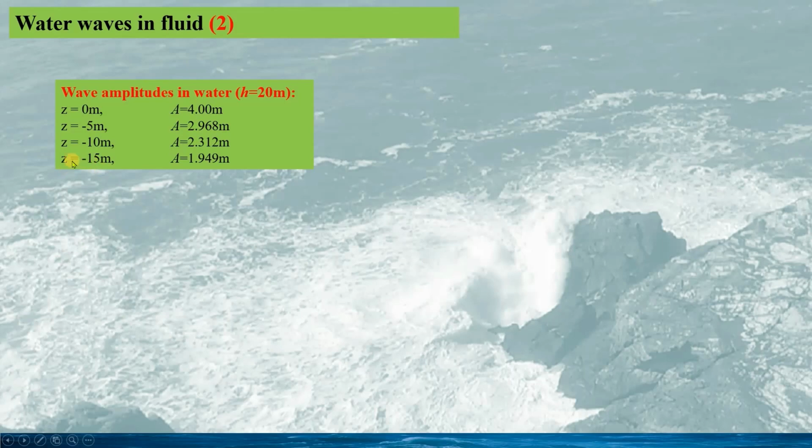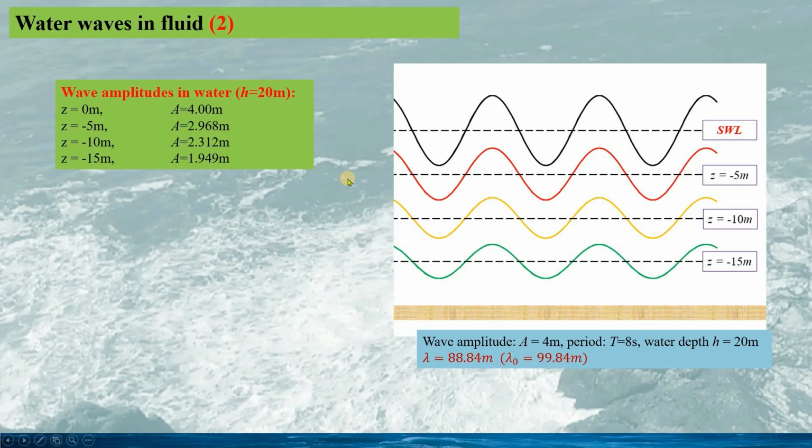And at z equals -15 meters, the wave amplitude is slightly less than 2 meters. So if we draw these waves in the water, we can see the different waves at the different z. In this plot, the water depth, the wave amplitude, and the vertical positions are all proportional correctly.